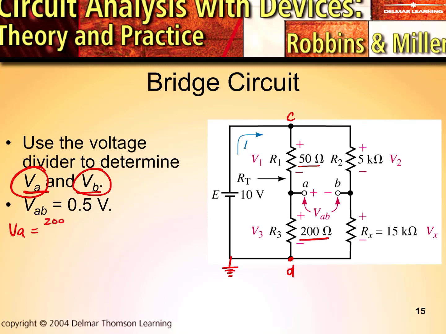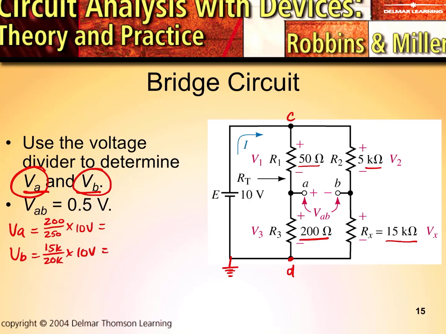That's going to be 200 over 250 as the total resistance for that branch multiplied by 10 volts. For VB then, we're going to have 15K and 5K. So we have 15K over 20K as the total value of resistance in that branch times 10 volts.